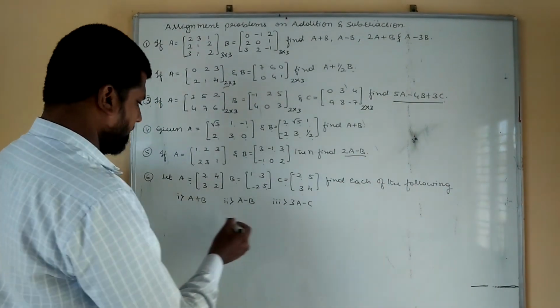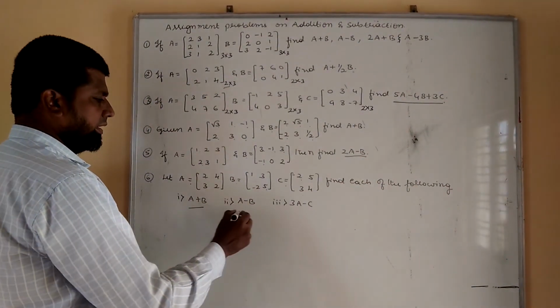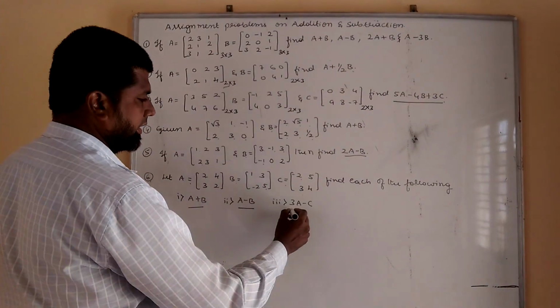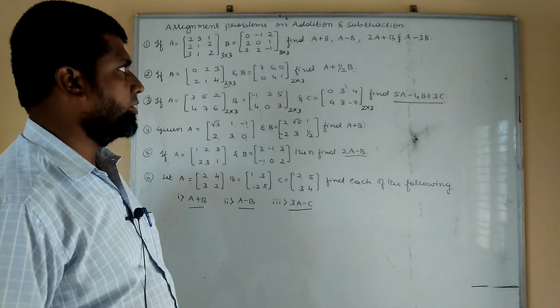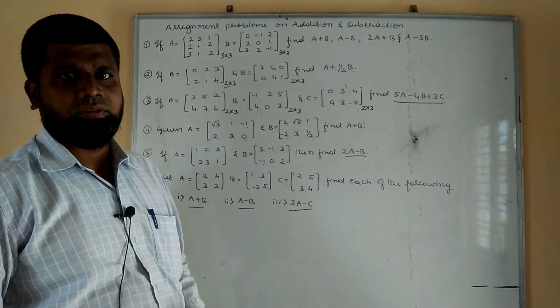Find each of the following. First one A plus B, then you have to find A minus B, then 3A minus C. So these are the assignment questions. You have to solve these problems.